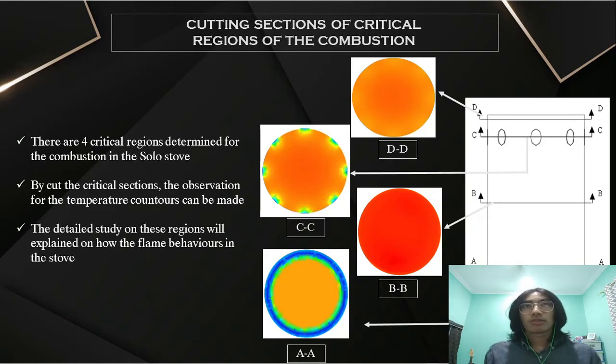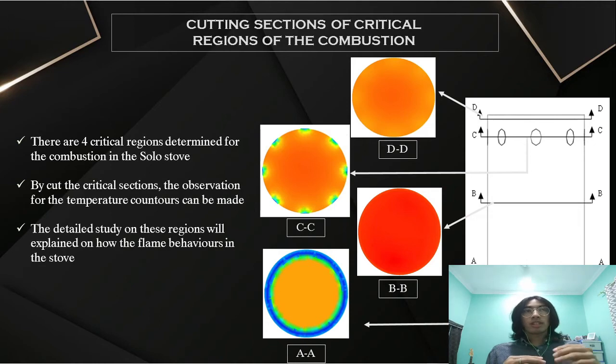So next we move to the cutting sections of critical regions of the combustion. As I mentioned before, the objective of this project is concerned with the flame behavior in the whole stove of the combustion. So some regions have been detected as the critical regions in the stove combustion.